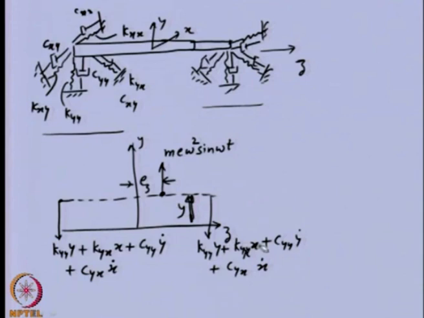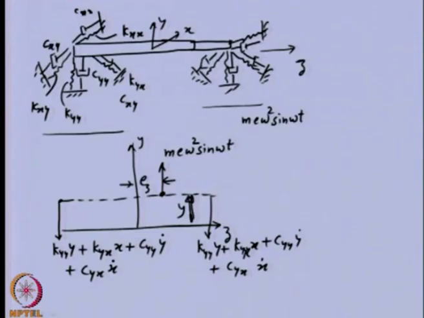Now we can write the equation of motion by putting in the equilibrium equation, like this. Because the centrifugal force is acting in the positive direction, that will be a positive quantity.